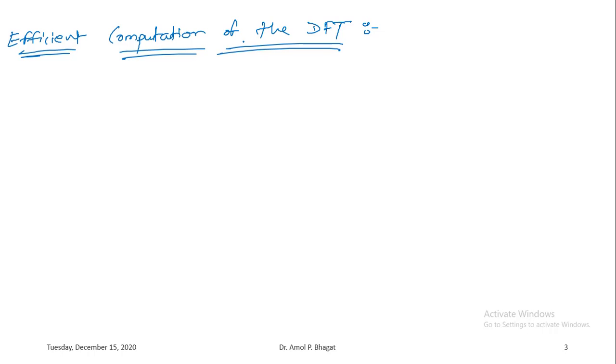DFT, that is discrete Fourier transform, plays an important role in many applications such as linear filtering. It can also be used in correlation analysis as well as spectrum analysis, even for performing different image analysis operations. For evaluating discrete Fourier transform in an efficient way, there are two different approaches.